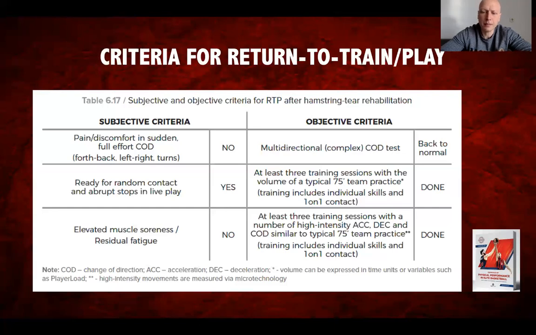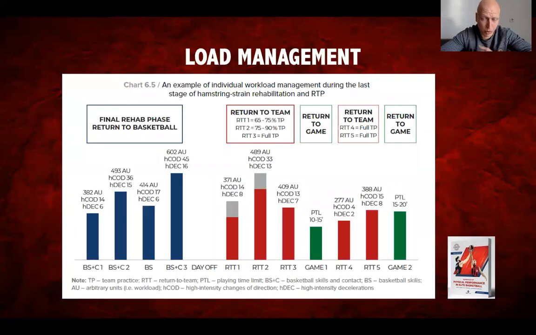Now how it looks, and probably this is the most important slide in this presentation, another graphic from my book. In this one you can see that this is the final rehab phase, and this is the moment where the player comes back to the team.